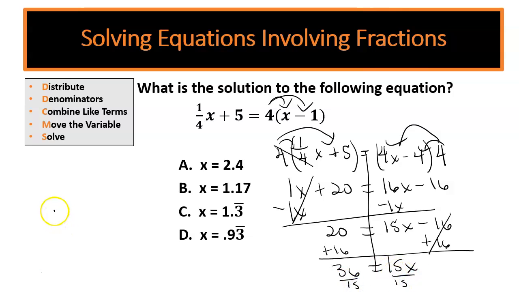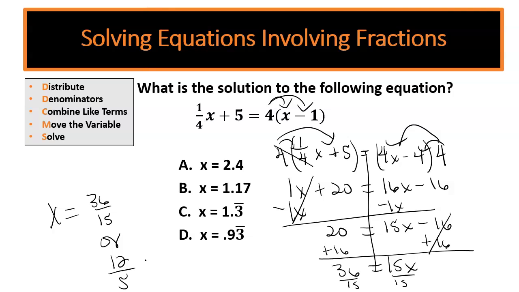So I get x equals 36 over 15. Now we could simplify 36 over 15 because both are divisible by 3. So I could say 12 over 5 because 3 times 12 is 36, 5 times 3 is 15.